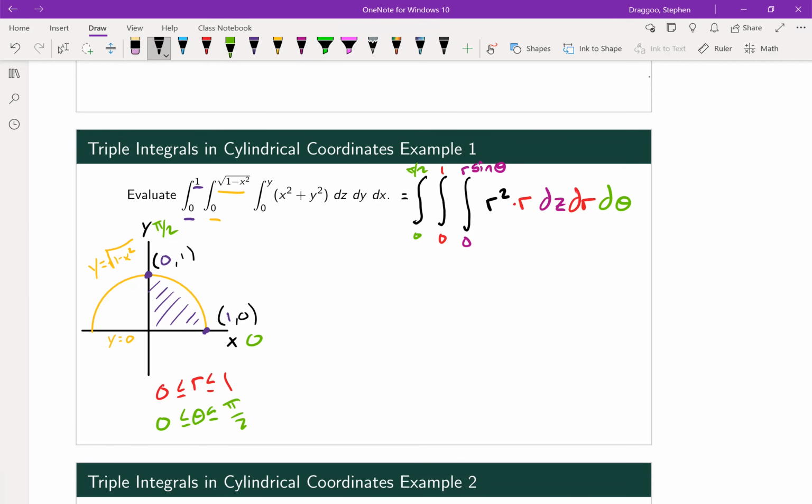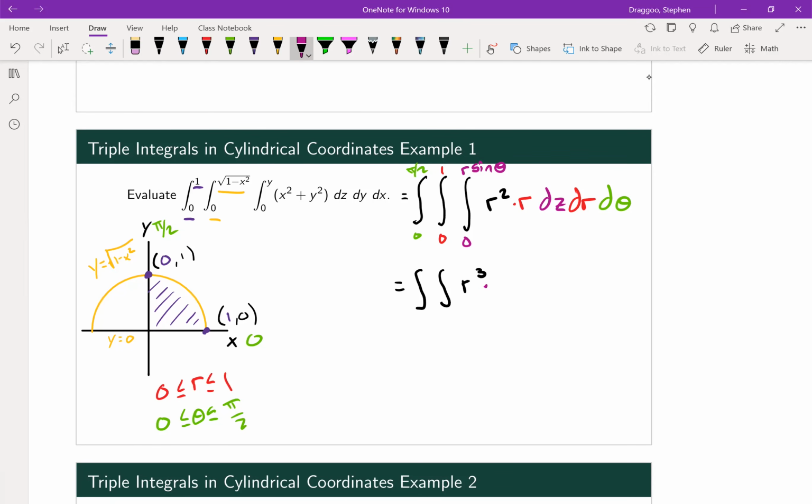All right, let's see what we get. Integrating z, since we don't have a z yet, we're just going to multiply that in. So it'll be r cubed times z is what we get after our integration. If we plug in 0, we get 0.